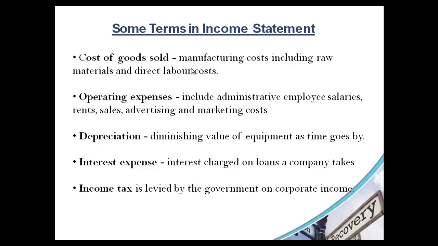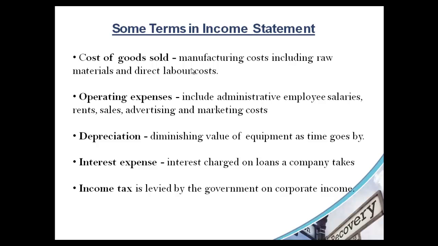It is the diminishing value of equipment as time goes by. It is applicable to machinery, to buildings, etc. Interest expense. It is the interest charged on loans a company takes. Income tax. It is levied by the government on corporate income.